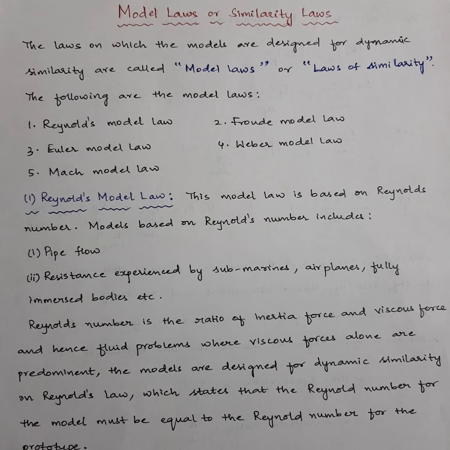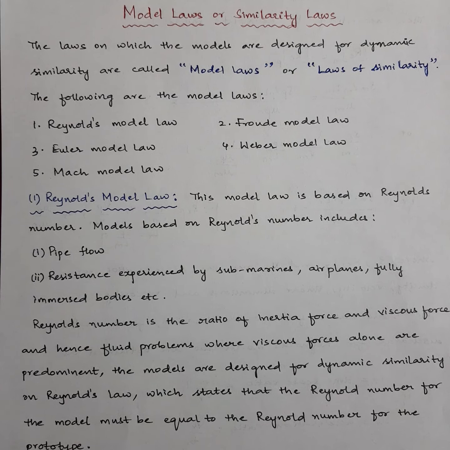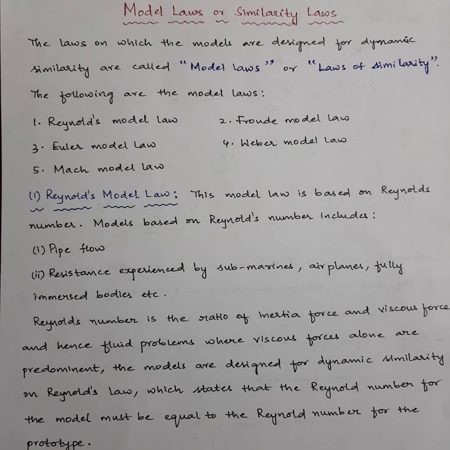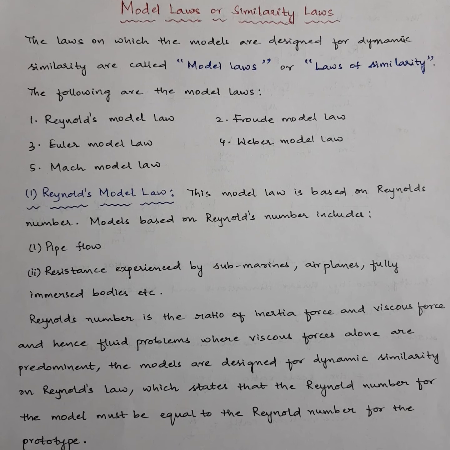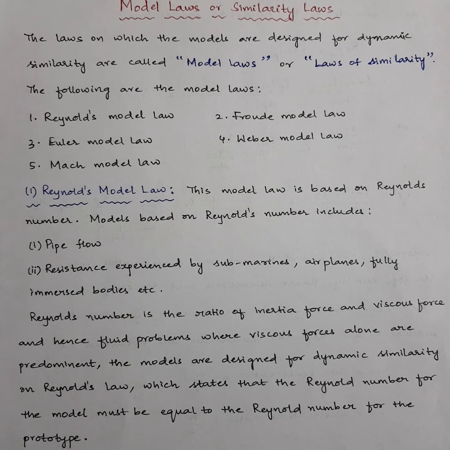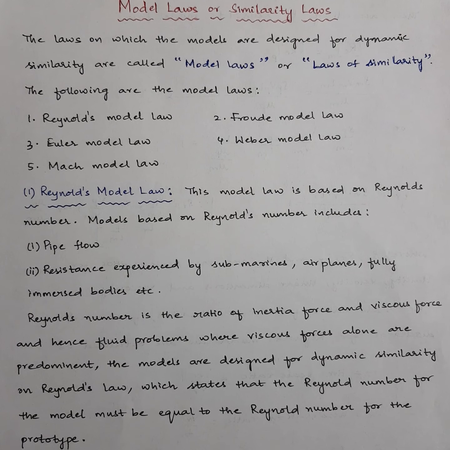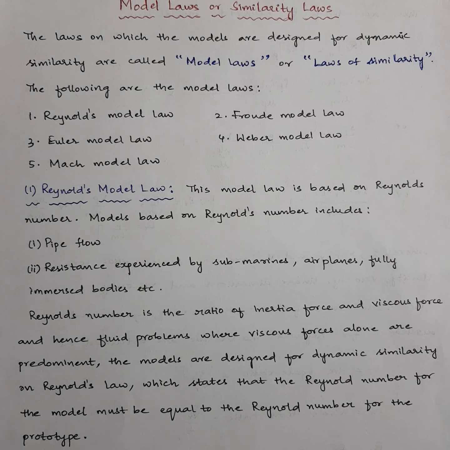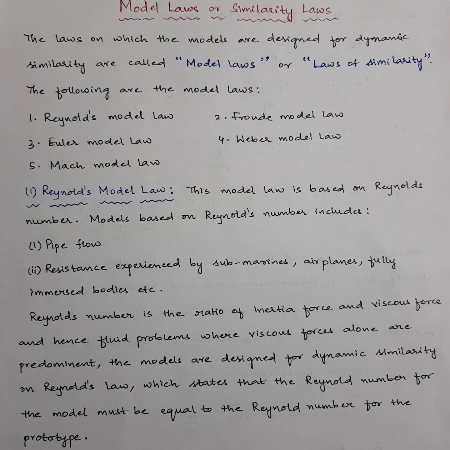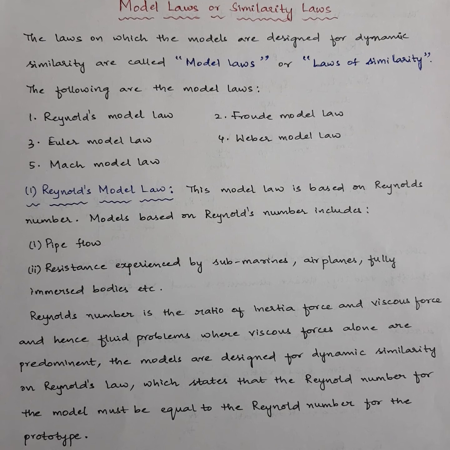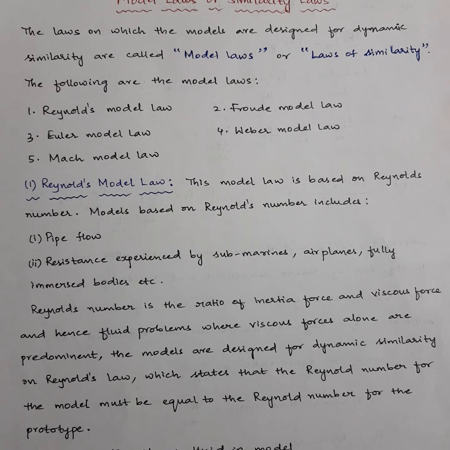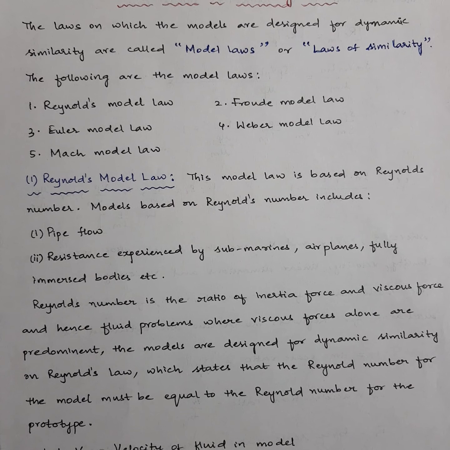Reynolds Model Law, as the word itself implies, is based on the Reynolds number. Reynolds number is nothing but the ratio of inertia force to viscous force. This Reynolds Model Law is used when you design models based on Reynolds number, for pipe flow, and also for designing models of submarines, aeroplanes or immersed bodies.